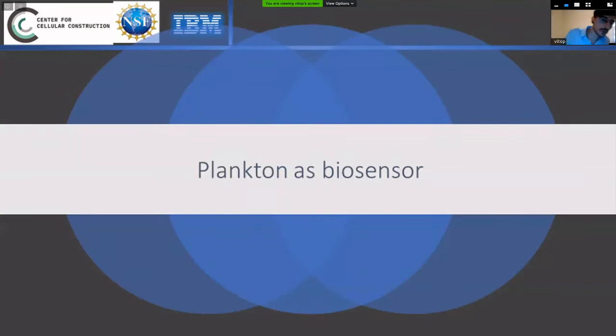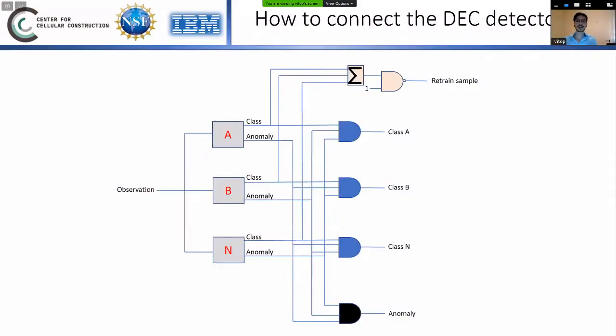Now, all the machine learning tools have been described, and we can focus on how you can implement a biosensor from plankton. The idea is this one. I talked about the DEC detectors. You can put these anomaly detectors in parallel, and if all of these detectors reject a sample as an anomaly, then the sample will be recognized as a global anomaly.